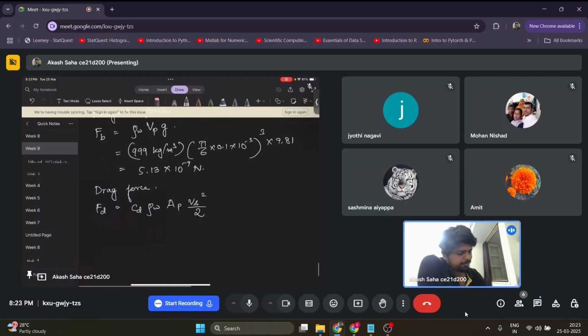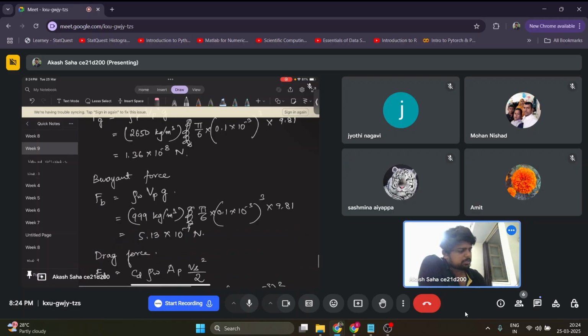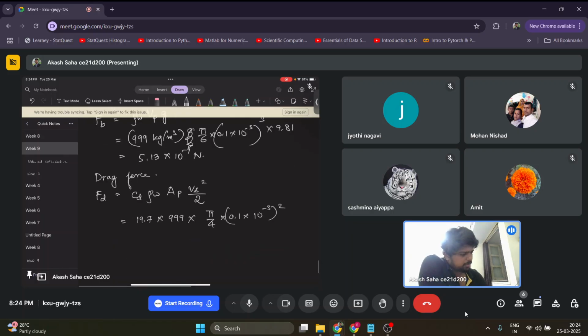So Cd is generally around 19.7 into 999 into area of the particle, which will be pi by 4 into (0.91 into 10 to the power minus 3) square.